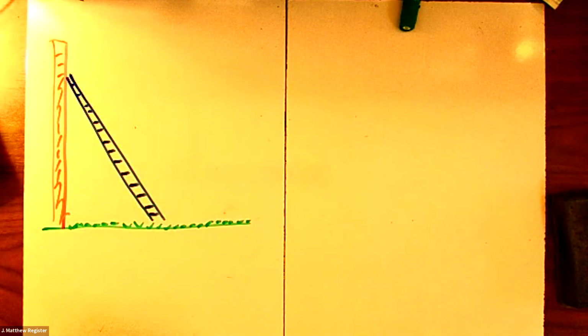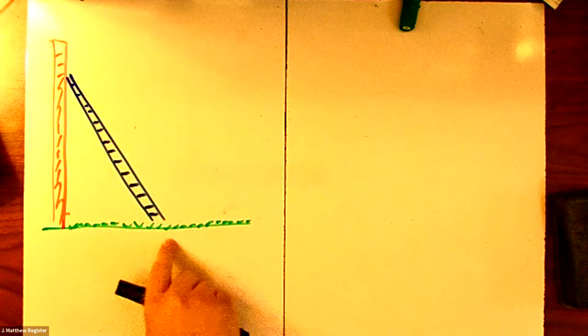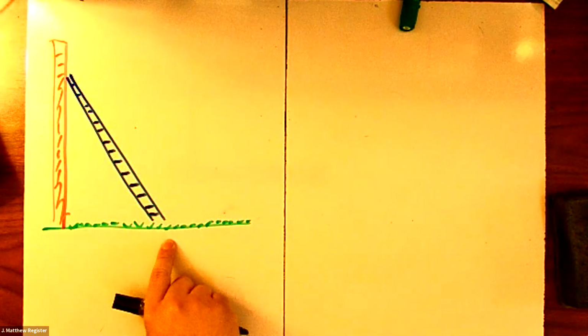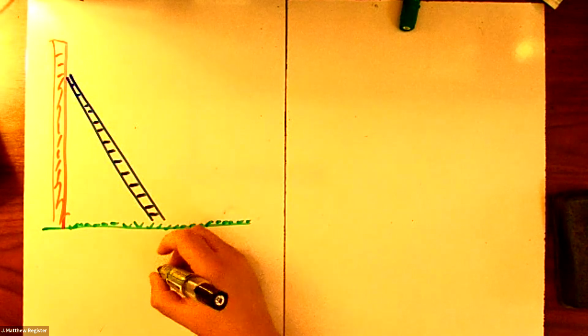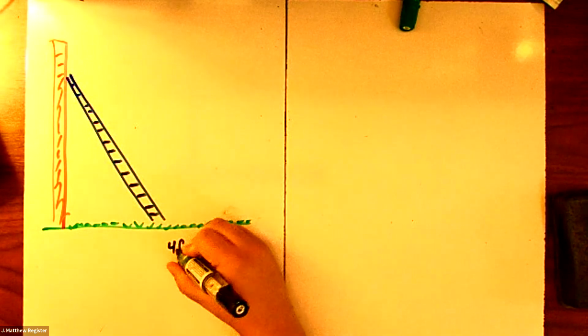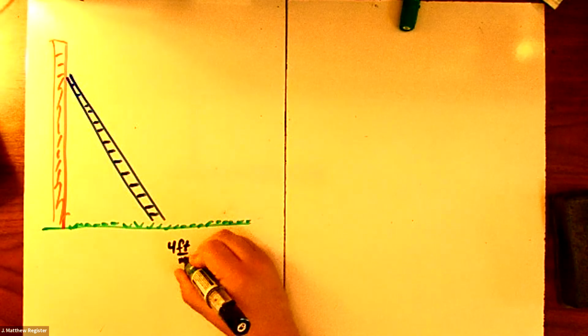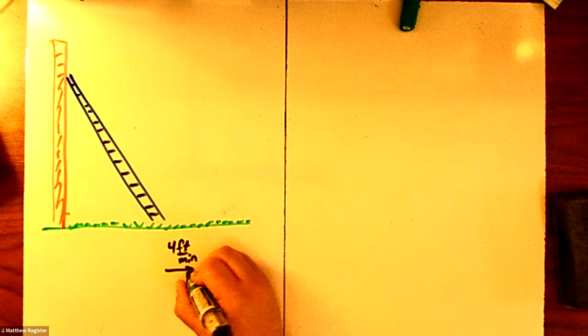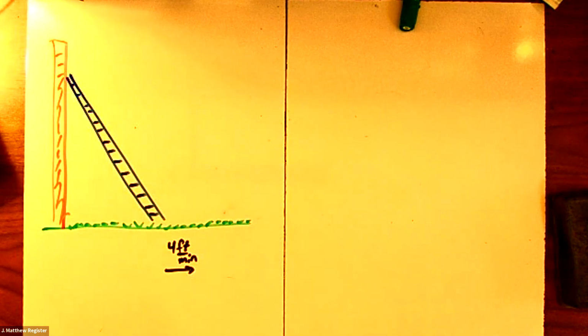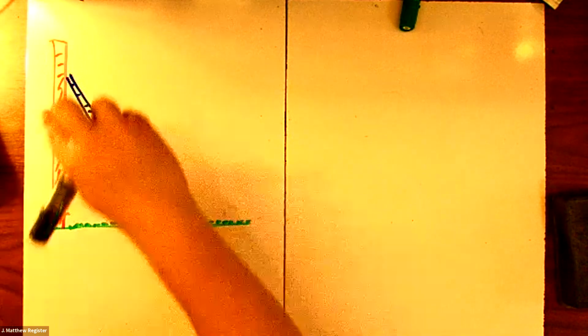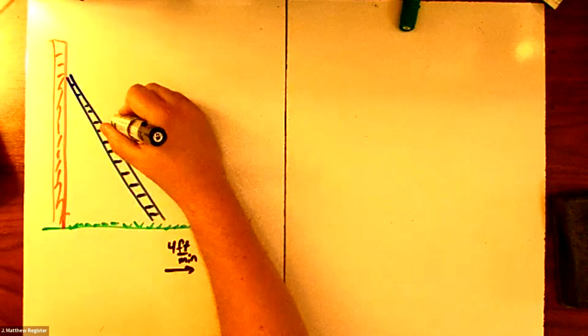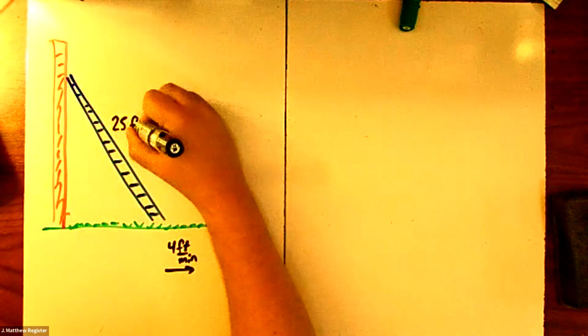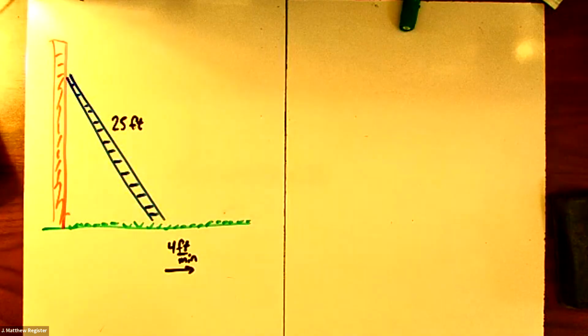And so we're told that the rate of change of this parameter is going to be 4 feet per minute. And so it's going to be going 4 feet per minute in this direction. We also know that this is 25 feet, and it is a fixed 25 feet.